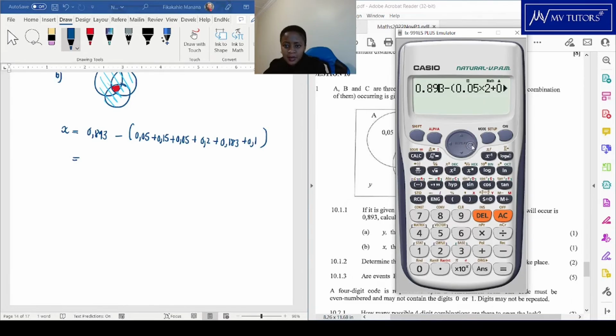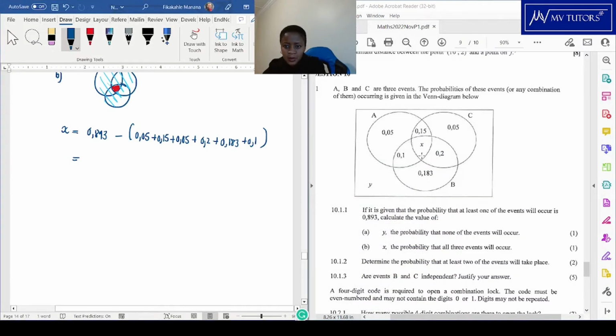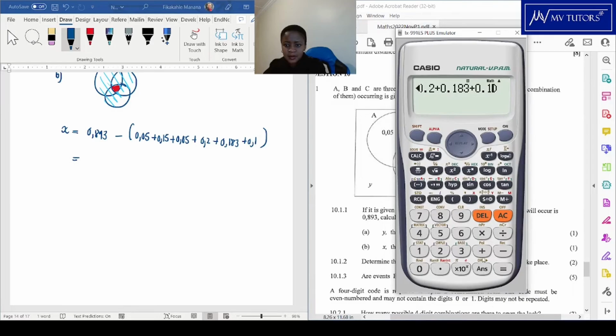Am I missing something here? 0,15 plus 0,1. Okay. All right. So we get a value of 0,16. And that's it. That's x.